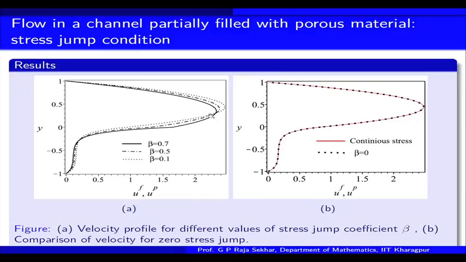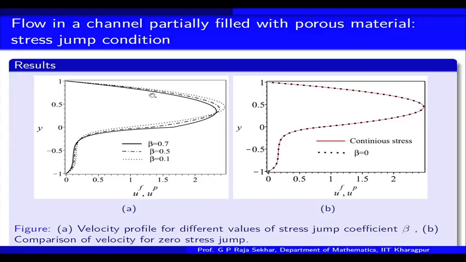The momentum exchange is more prevalent within this strip around the boundary, and the usual volume flow adjustment is taking place here as well, because below is porous and above is clear flow. This is for a particular Darcy number, and this is varying the stress jump coefficient.